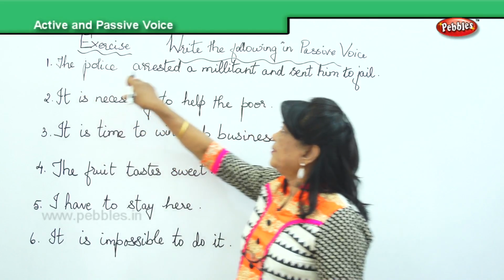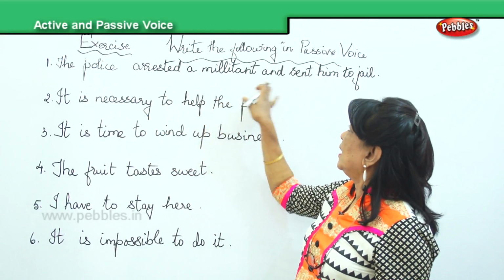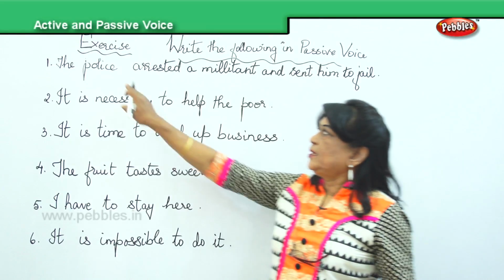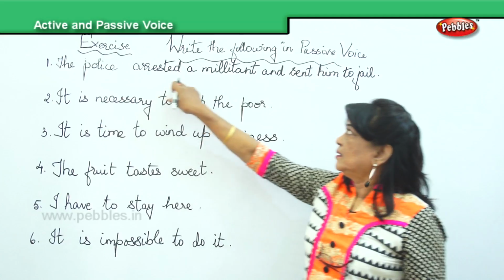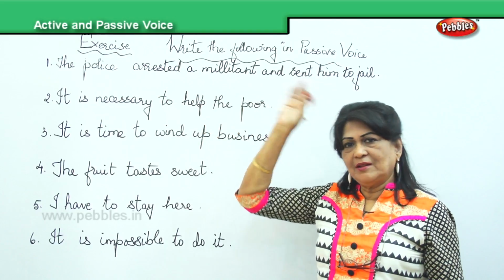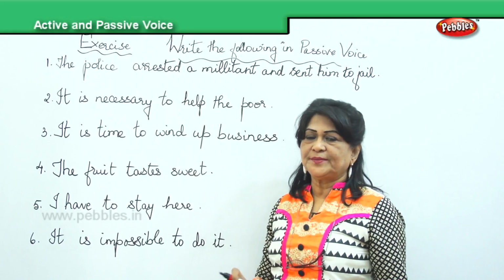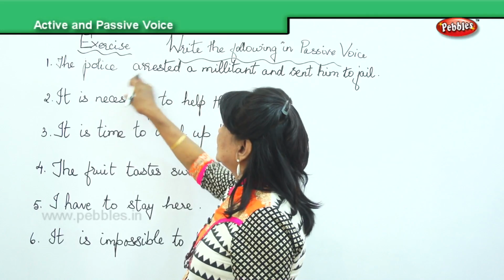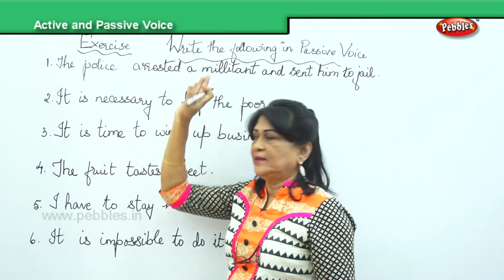The police arrested a militant and sent him to jail. Come on, how are you going to change it? Now, which is the object here? The police arrested a militant.